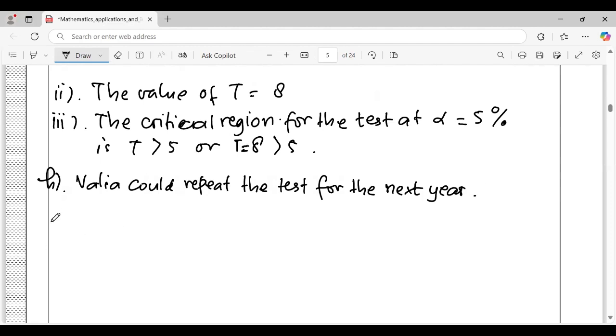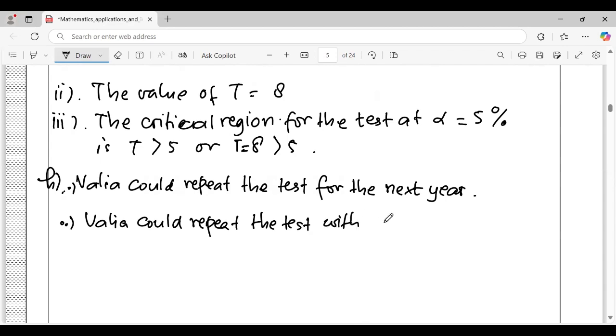Or, as a second option, Valia would repeat the test with a different sample for this year.